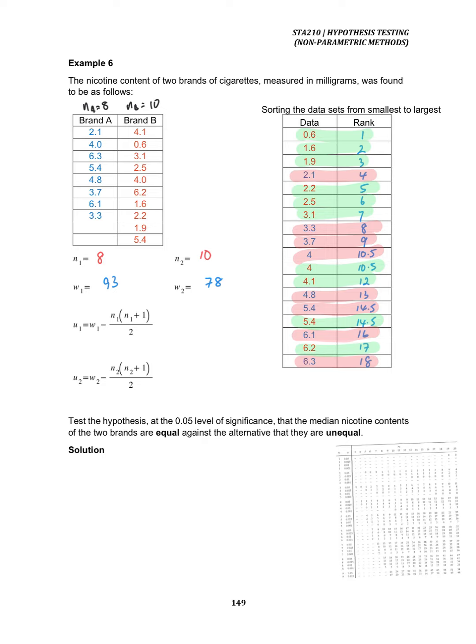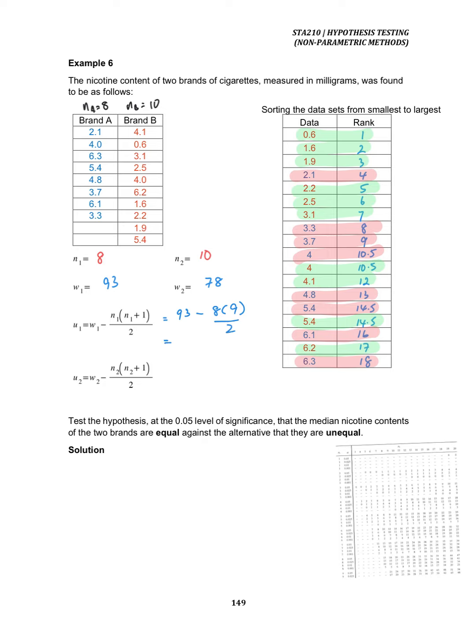Okay, now kita akan calculate U1 and also U2. So U1 equivalent to, the formula is W1 minus N1 times N1 plus 1 divided by 2. W1 here is 93 minus N1 kita ada 8 darab dengan 9 bahagi dengan 2.